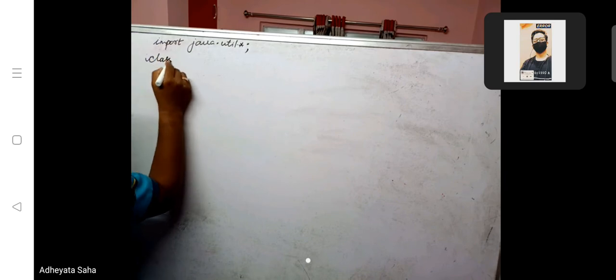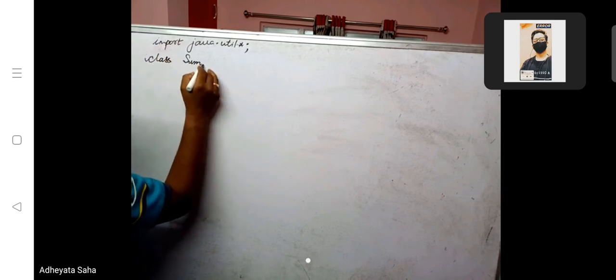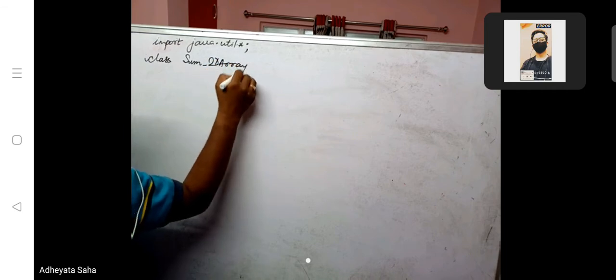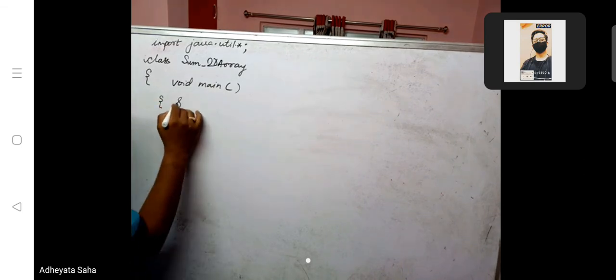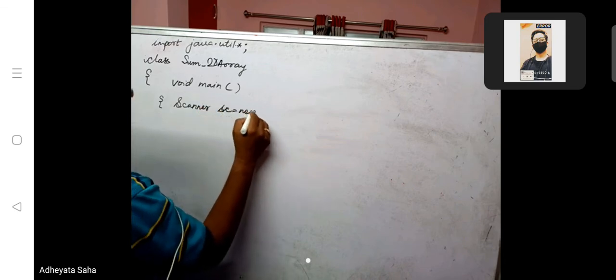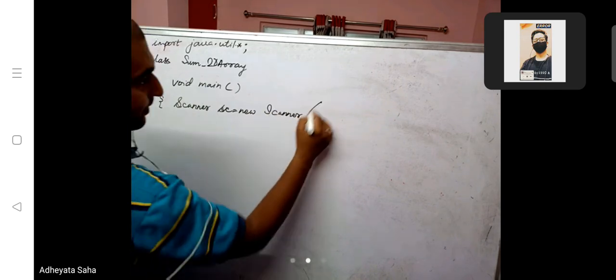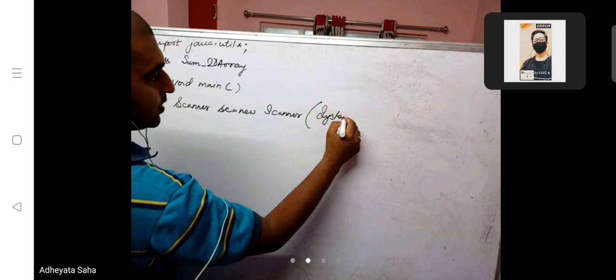Okay, I'm writing now. Import java.util.* class Sum2D array. Then void main. Then comes Scanner: Scanner sc equals new Scanner(System.in).